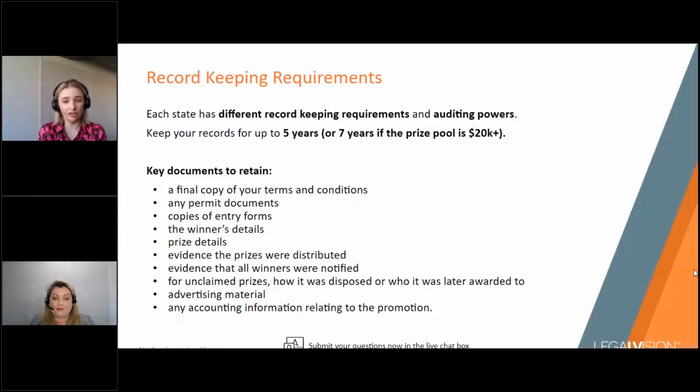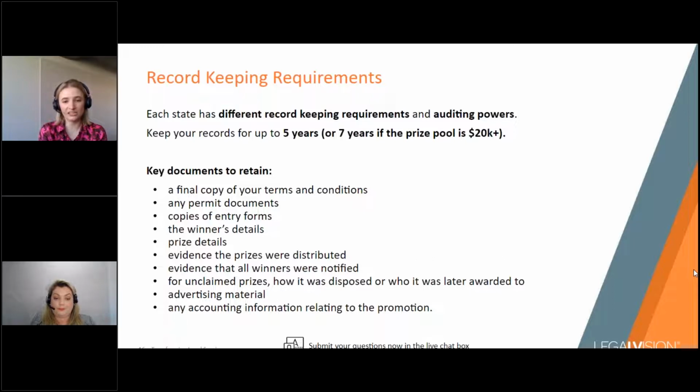So that is a final copy of the terms and conditions, any permit documentation you receive, a copy of entry forms from your entrants, the winner's details, specifically their name and contact information, the prize details, so that's receipts showing the total or the prize value of each specific prize, evidence that the prizes were awarded or distributed, that is, given to the winners, and where the prize was unclaimed, how it was disposed of, or who it was awarded to later.